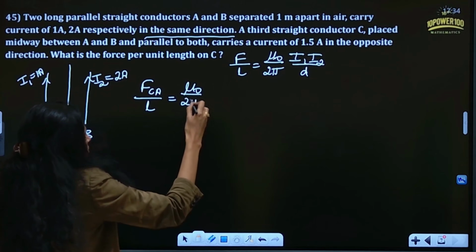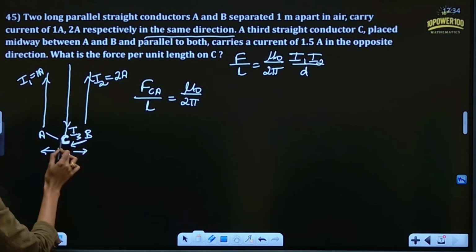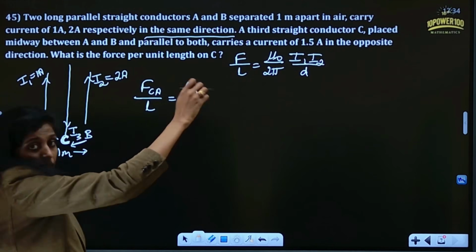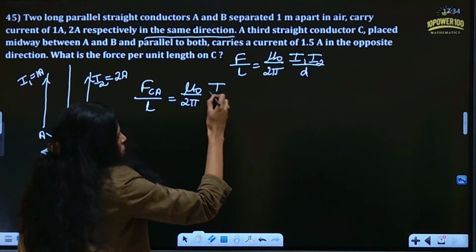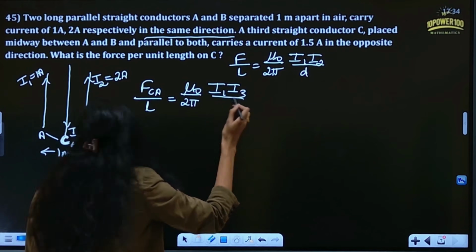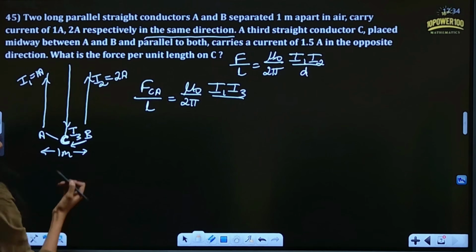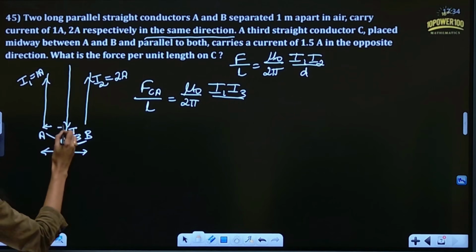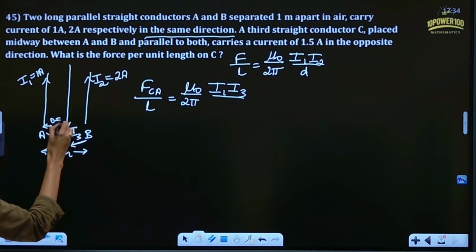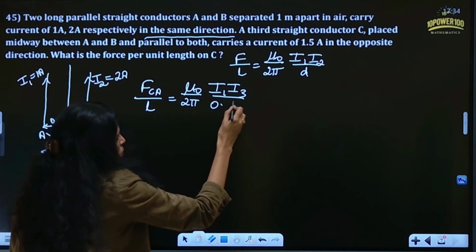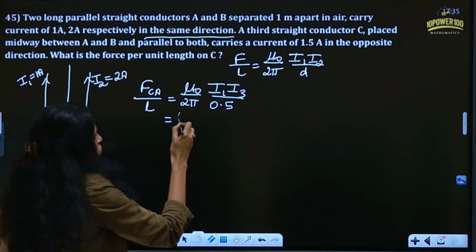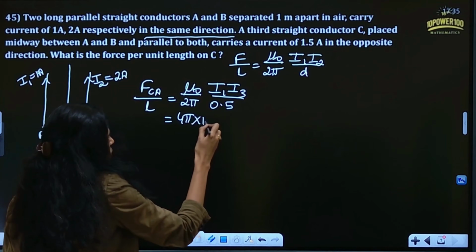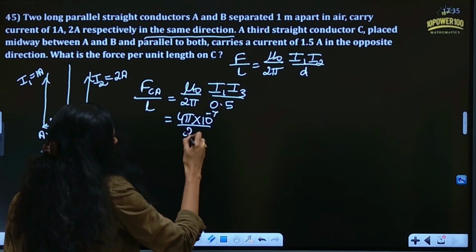You can write this as it is. Now it is with respect to C and A, right? So instead of taking I1 and I2, let us take I1 into I3 over here, and the distance between them. If this is 1 meter, what is the distance between A and C? It is 0.5 meters. So you can just take 0.5 here. Now, what's the value of mu naught? Mu naught is 4 pi into 10 power minus 7 divided by 2 pi.